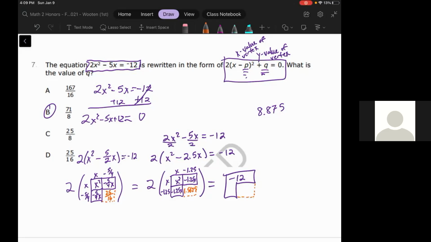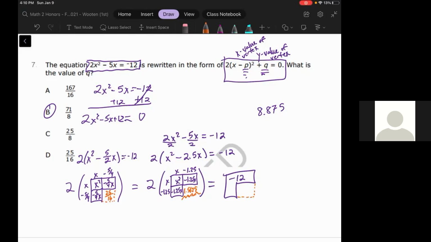So then down here, I would say, okay, I have negative 12, and then I need to complete this square. Depending on which version you're doing, I'm either going to take the decimal version times 2, or I'm going to take the fraction version times 2. Either I will put 1.5625.